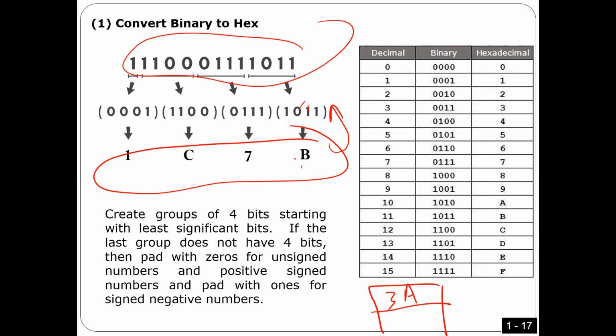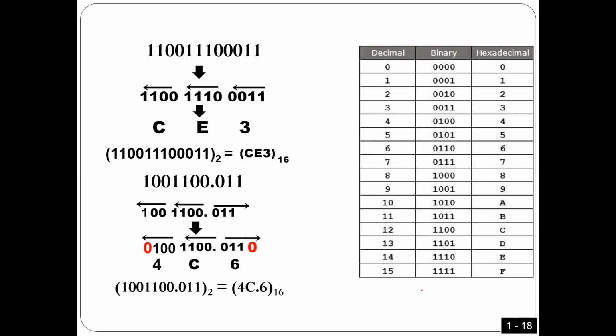Actually, we are not storing the number in hexadecimal. The number is stored in binary, but I want to represent the binary in hexadecimal because it's just easier for me. So it's stored as 3A, but in binary. Okay, but I'm going to give you the number in hexadecimal because it's more convenient for me and easy to convert hexadecimal to binary and binary to hexadecimal.